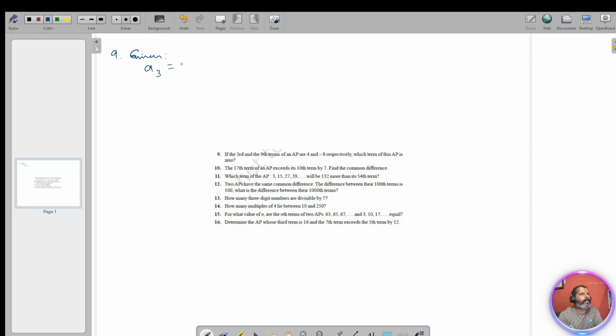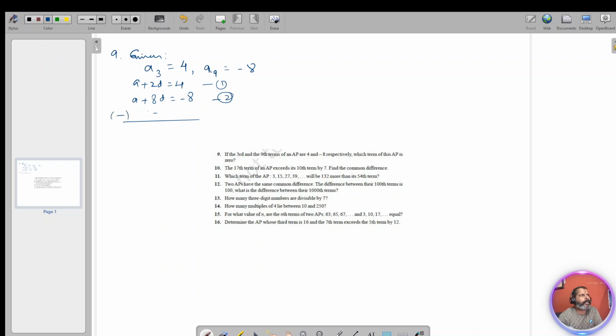Given the third term is 4. What do you mean by that? a plus 2d is 4. And the ninth term a9 is minus 8, that is a plus 8d is minus 8. So you solve them to get a and d.